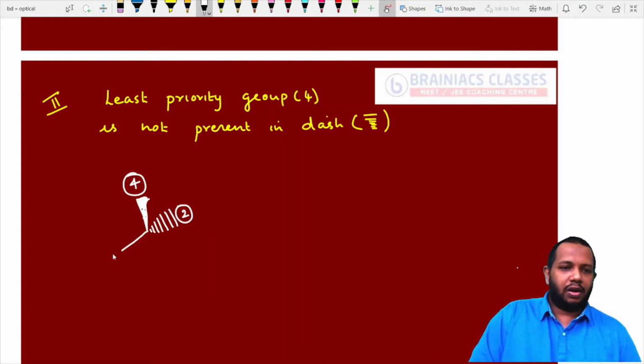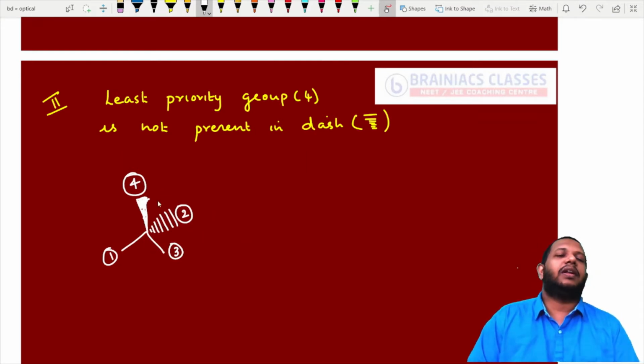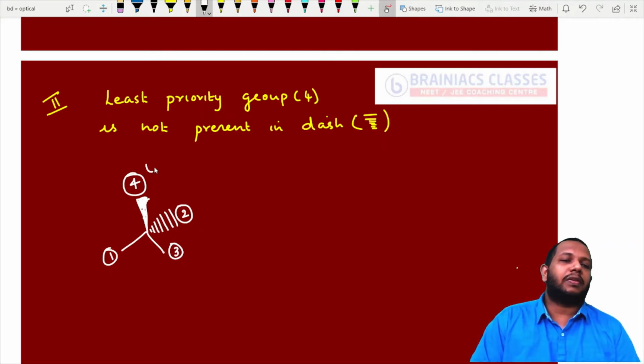Then you have 1 present here, and 3 here. So this is the notation after giving the priority. But here the problem is the lowest priority is present along with the wedge, correct? We know how to do it if it is present in the dash, but now it is present in the wedge. So what you need to do, first step, is change this to dash.